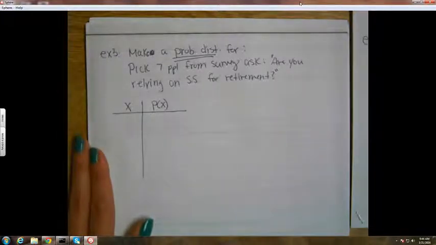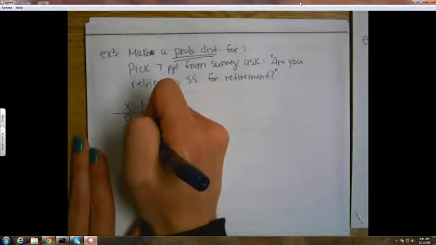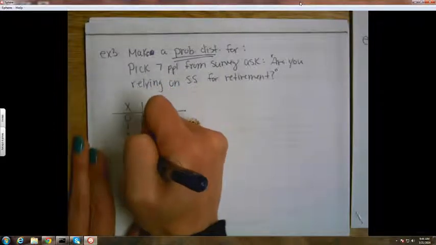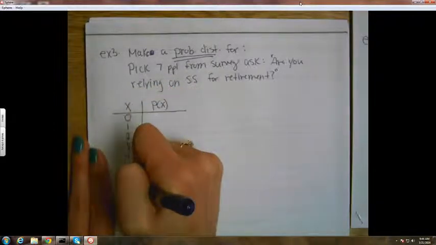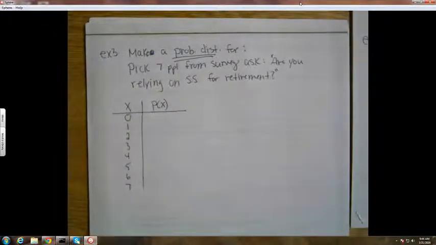Remember, X is the number of successes, the number of people that say, yes, I'm relying. 0 through 7. Well, I've got 8 probabilities to come up with here. So the probability distribution is just asking me to find each one of those separately. What's the probability that of my 7, none of them are relying on Social Security?